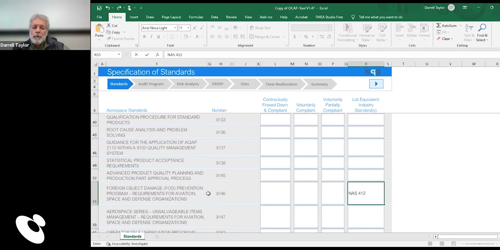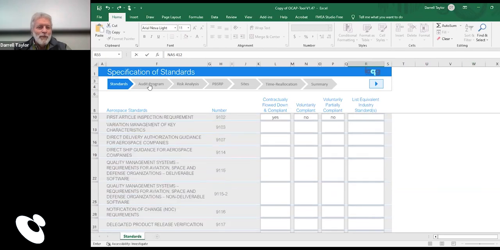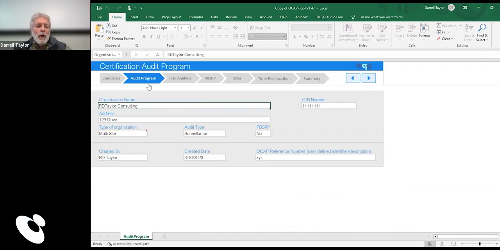And again, this is good information. We get this incorporated into our system. We can gather this, and we can make decisions about where we proceed. We might find NAS 412 maybe superior to what we're writing here, and there's no value in creating a separate document for it, hypothetically.